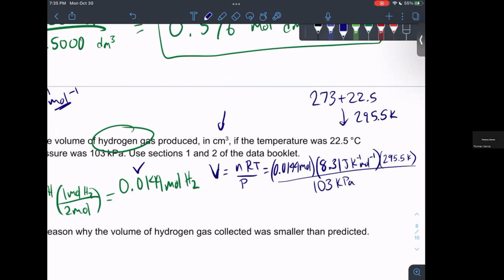This is what's going to convert our volume along with the ideal gas constant, because we have energy here and convert pressure into volume.